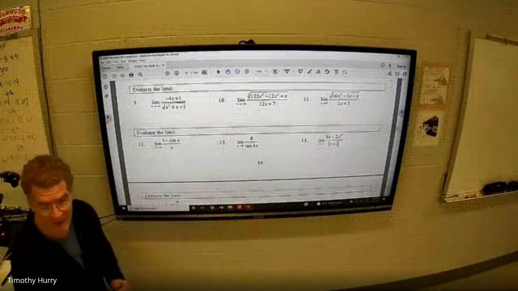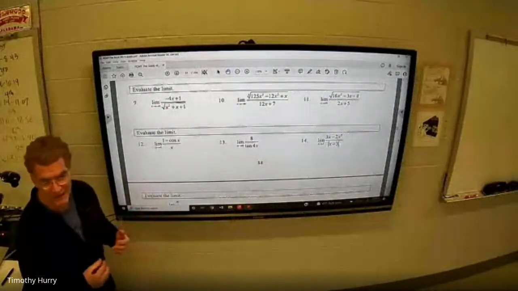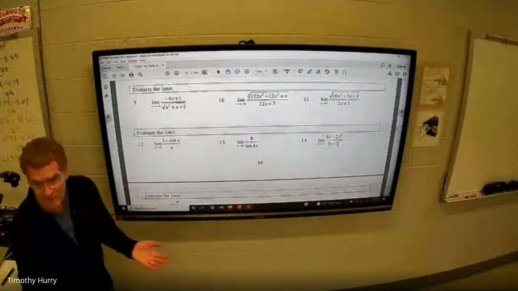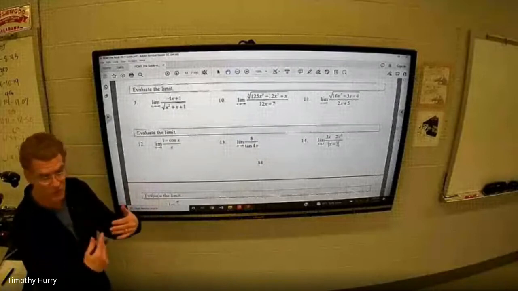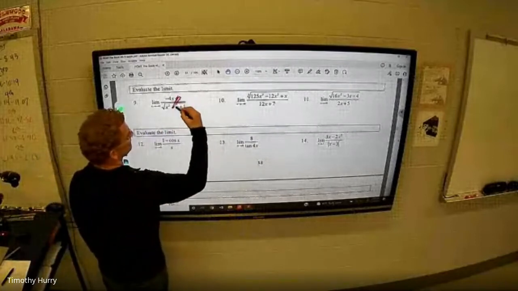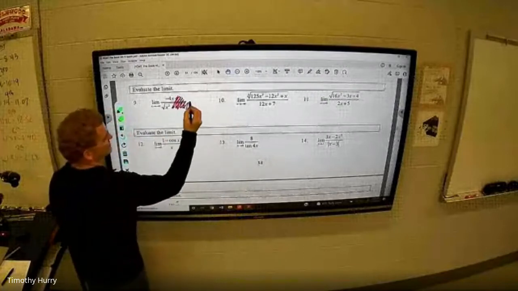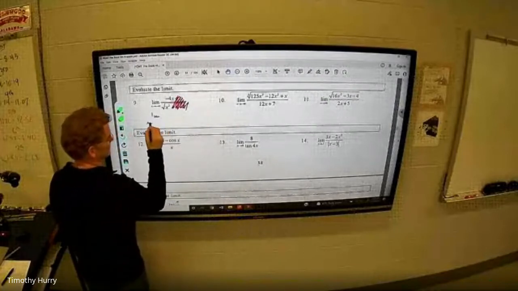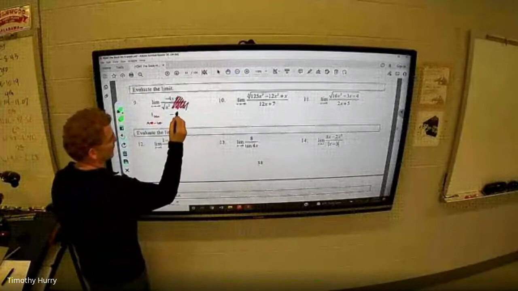And by the way, if I'm looking at fractions, it's only the highest power that's going to make any difference, right? As you move towards infinity. So I can really just ignore all of that stuff and go, all right, this gives me a limit of a negative 4x over an absolute value of x.